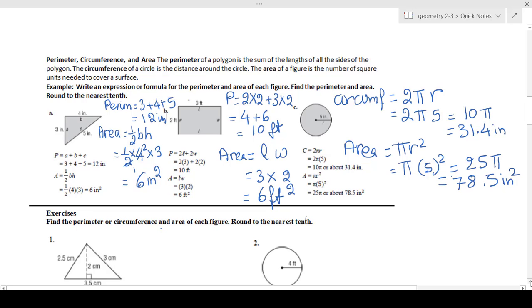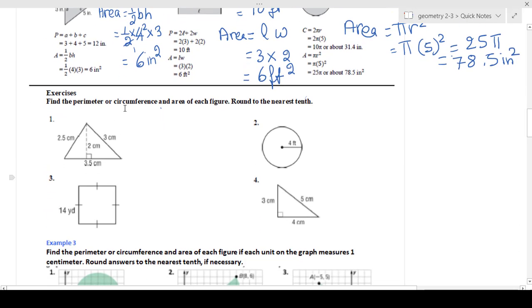Now we can begin to solve the exercise. Here he wants the perimeter or circumference, and he wants the area, and he wants it all rounded to the nearest tenth. Now, in the first example here, my perimeter is equal to the sum of the surrounding sides, equal to 2.5 plus 3 plus 3.5, which is equal to 9.